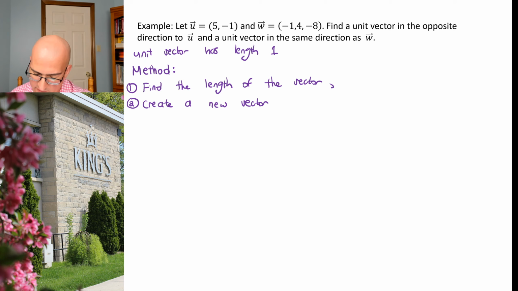I'll give the length a name, I'll call it L. Find the length L of the vector, then create a new vector V equals 1 over L multiplied by u.